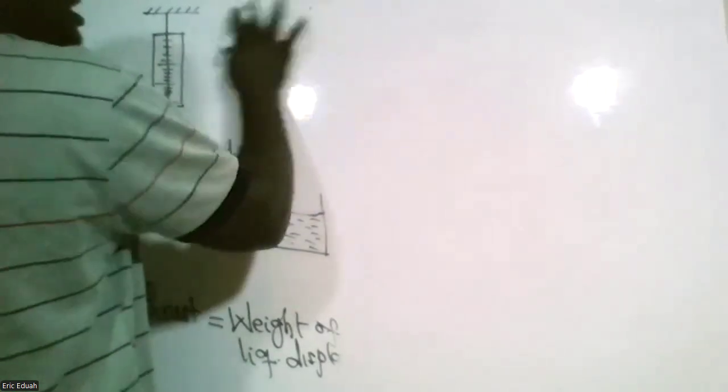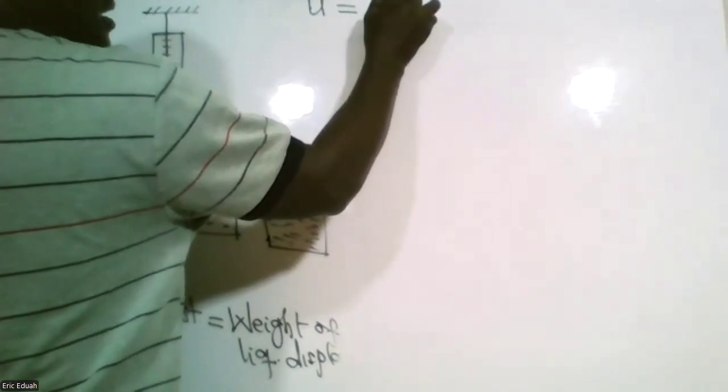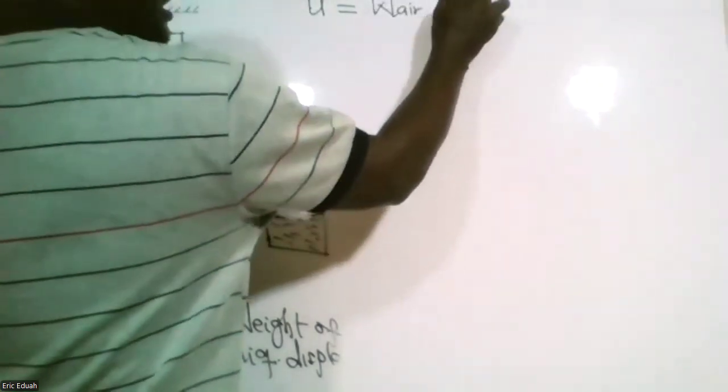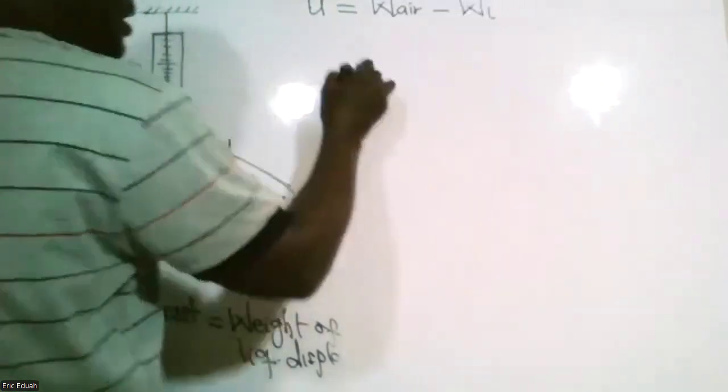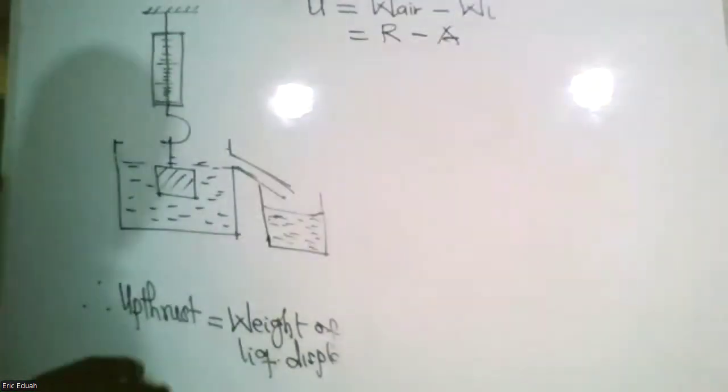Let's represent upthrust by U. U is equal to weight in air minus weight in liquid, or real weight R minus apparent weight A.